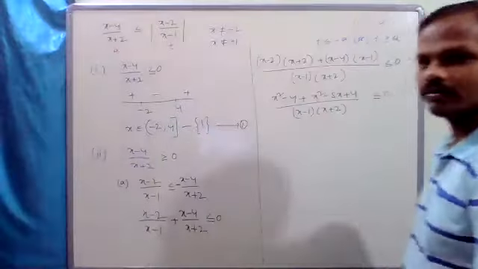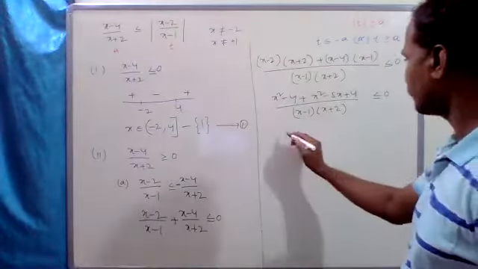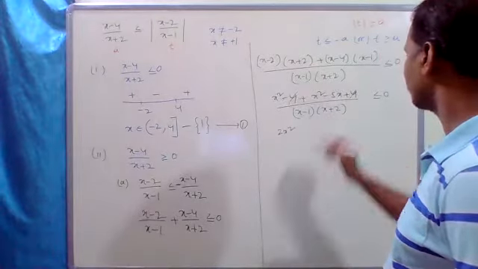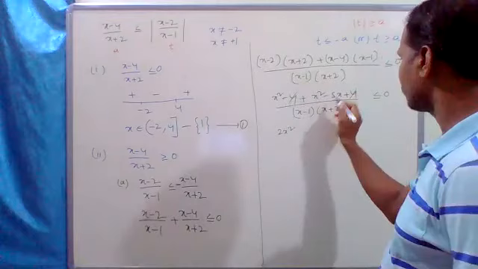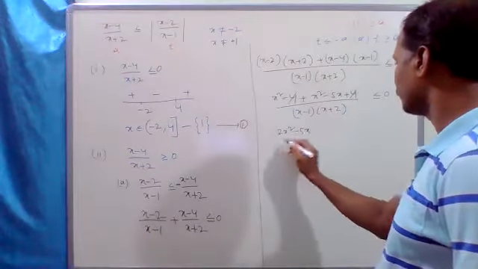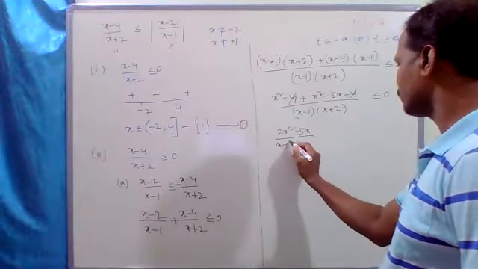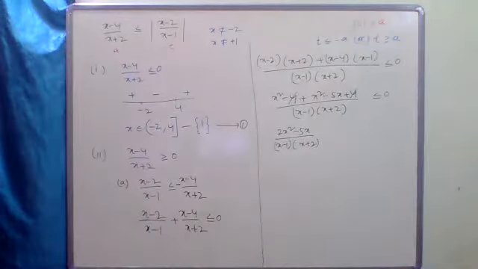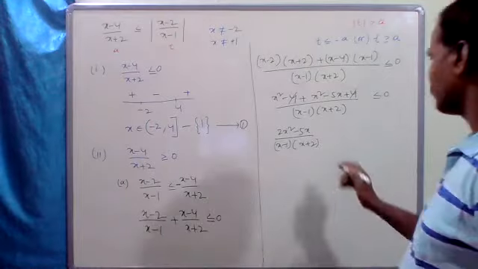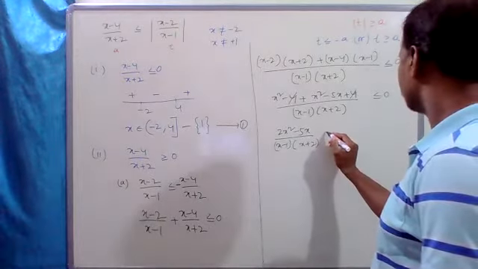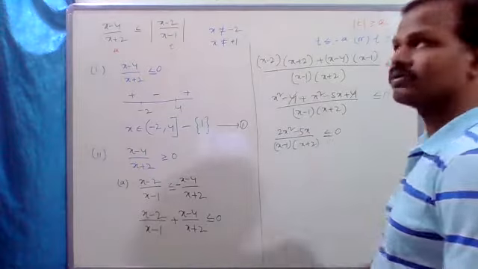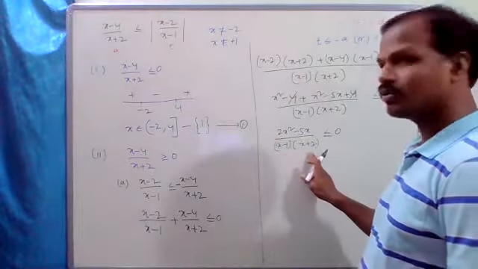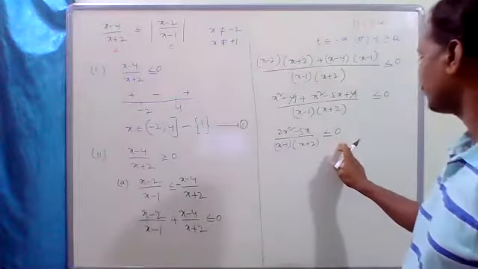Now in the numerator, 2x square minus 4 plus 4 will be cancelled: 2x square minus 5x by (x minus 1) into (x plus 2), less than or equal to 0.